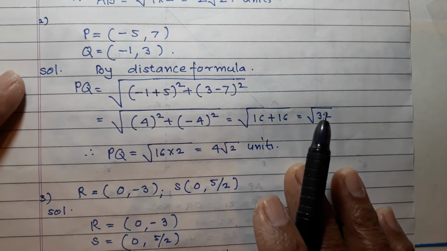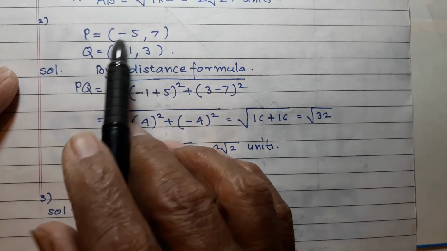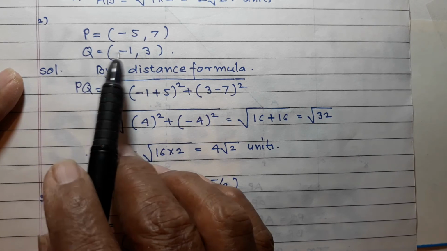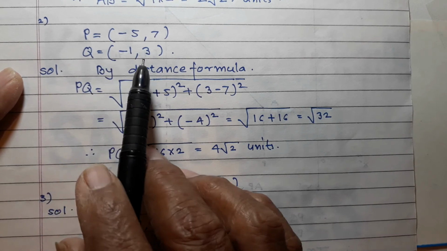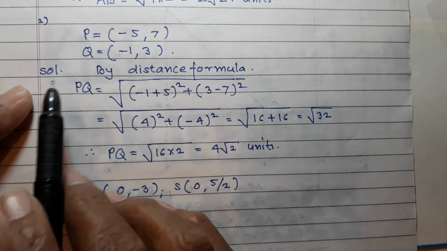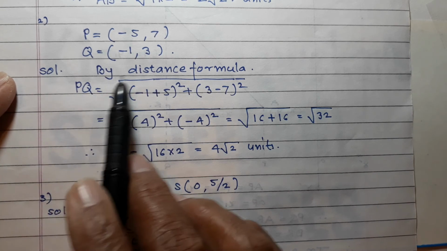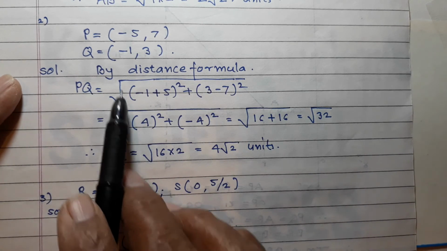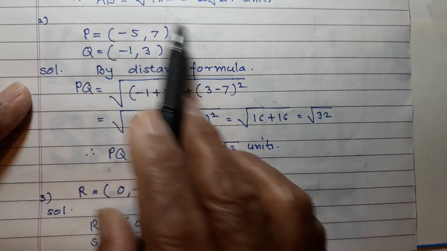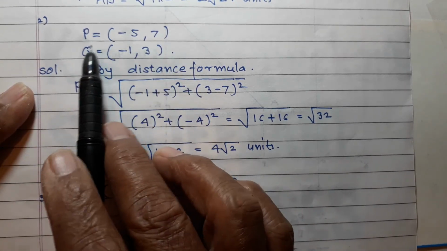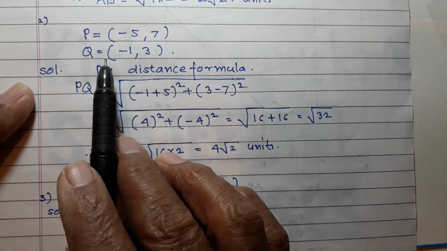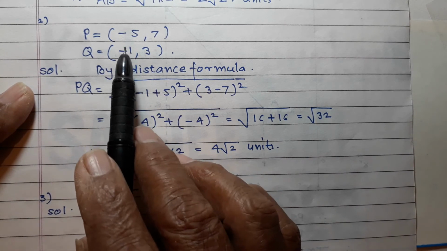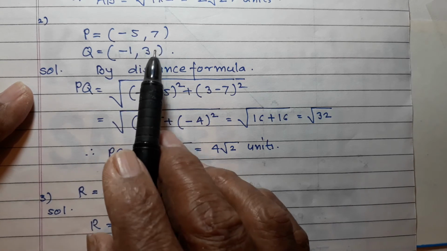Example number 2. P is equal to (minus 5, 7). Q is equal to (minus 1, 3). Write down solution. By distance formula, PQ is equal to, now in this case remember you always write your points below each other so that it is easy to write x1, x2, y1, y2.